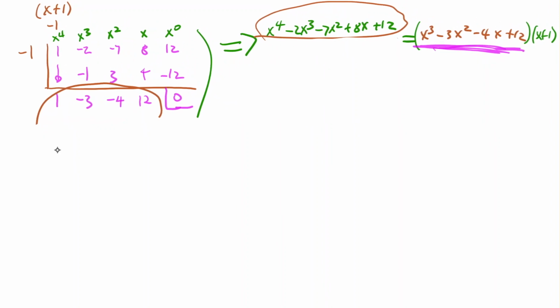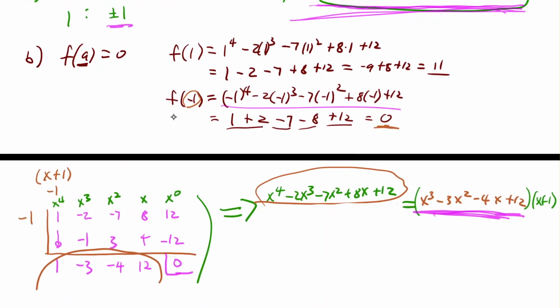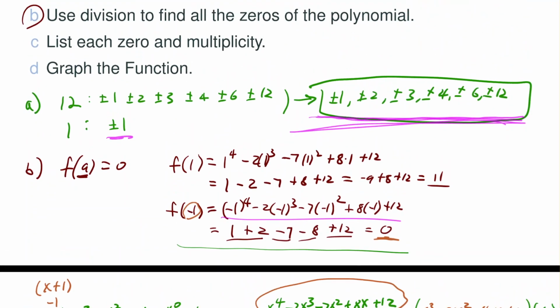So from here, I have to pick another number or the same number, -1. But I can tell you that -1 doesn't work because I've tried. So we can do this same thing again as we've been doing here. Plug in a number.